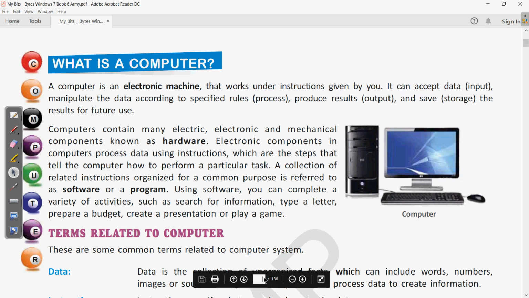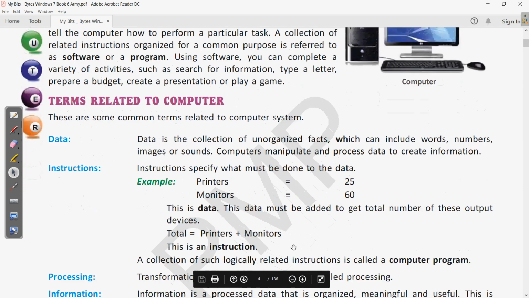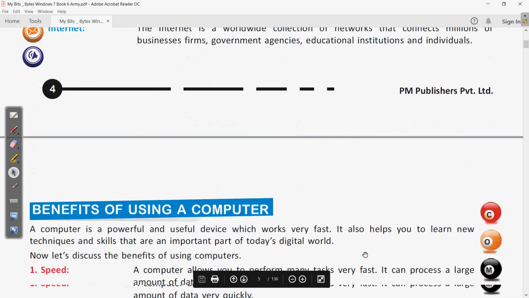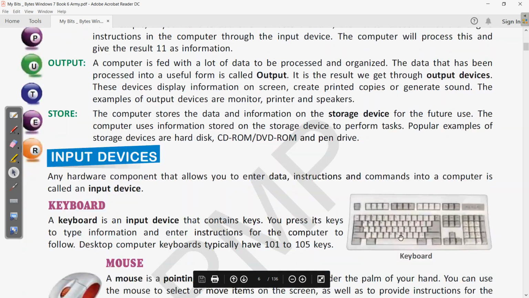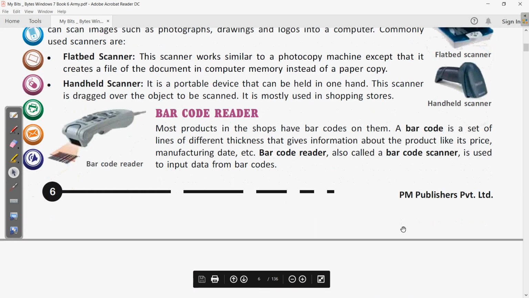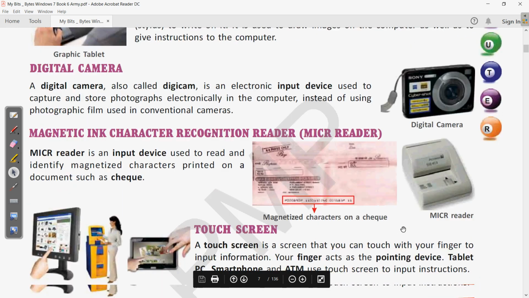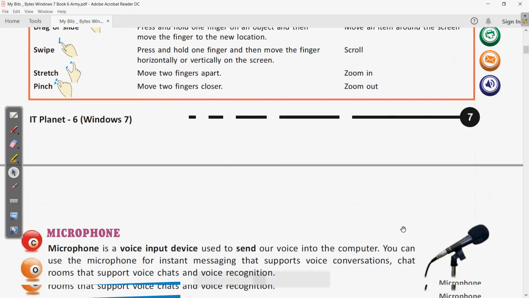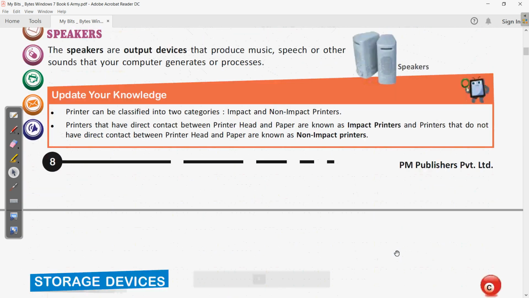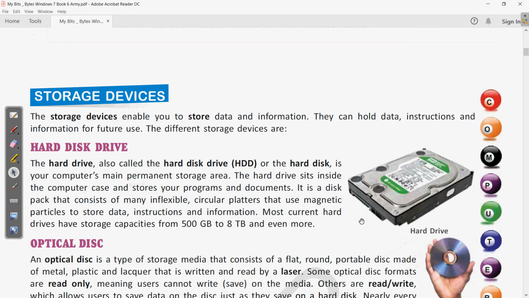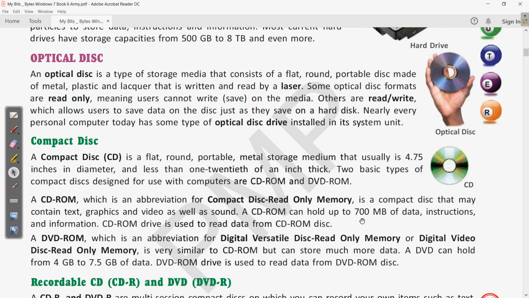We are going to page number 9, it will be in the storage devices. Yes, here it is. So the question was: what is an optical disc and what are its types?